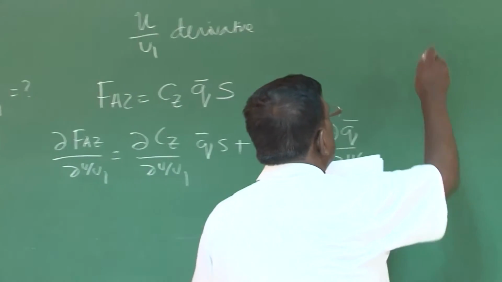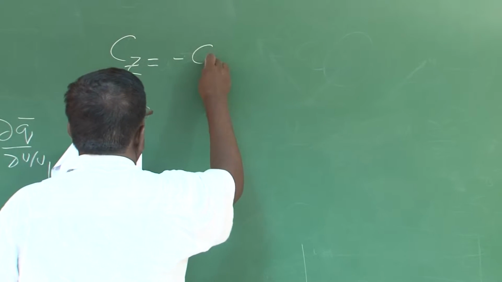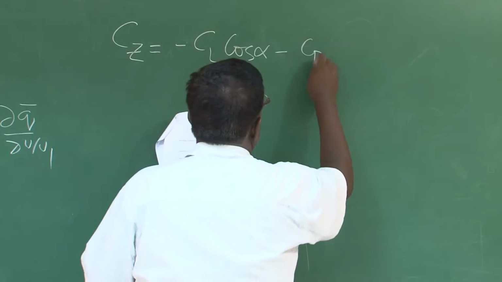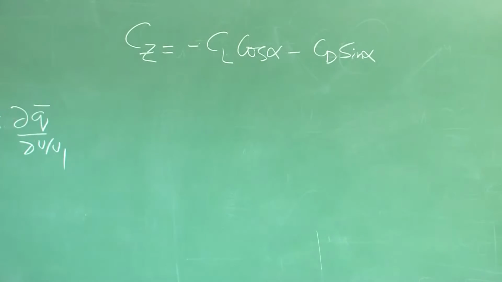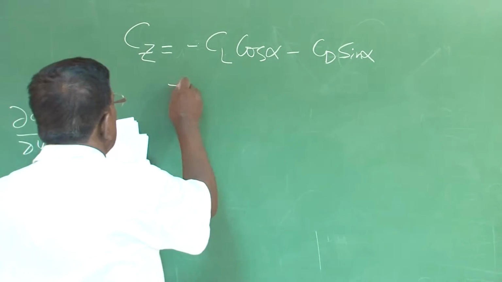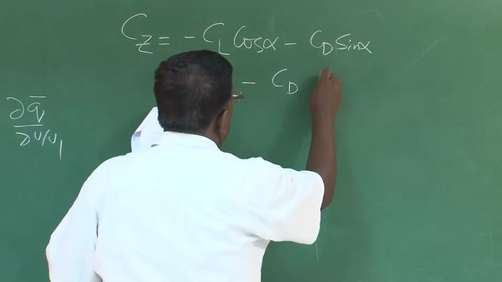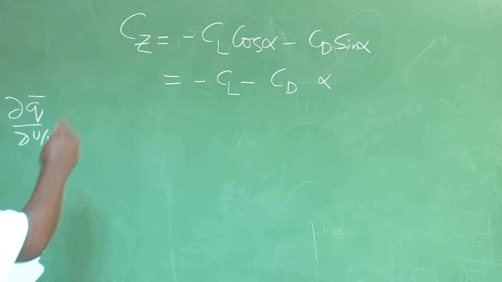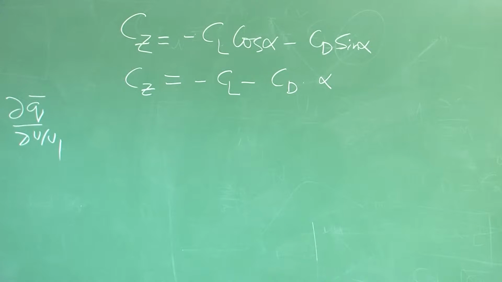Now let us see from the earlier diagram, you can write Cz as minus CL cos alpha minus CD sin alpha. If I apply small angle approximations, this becomes minus CL minus CD into alpha, because sin alpha equals alpha and cos alpha is 1 for small angle approximation. After all, we are using small perturbation theory, and alpha is a perturbed quantity.